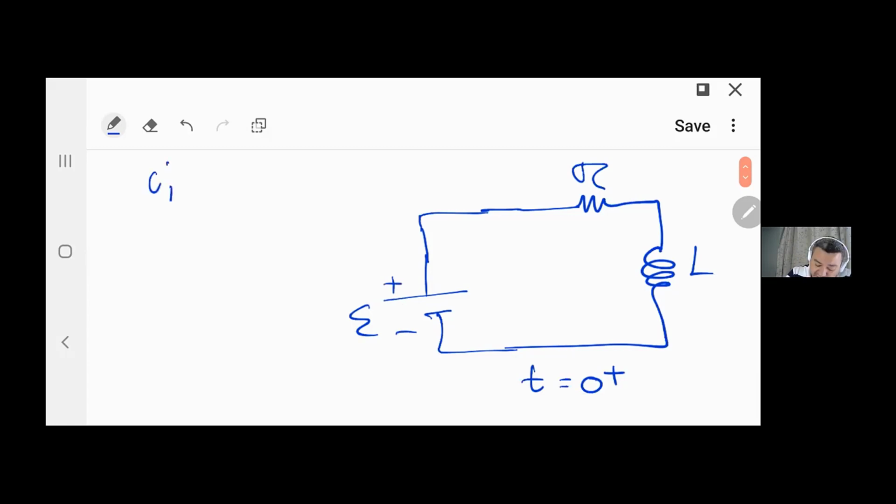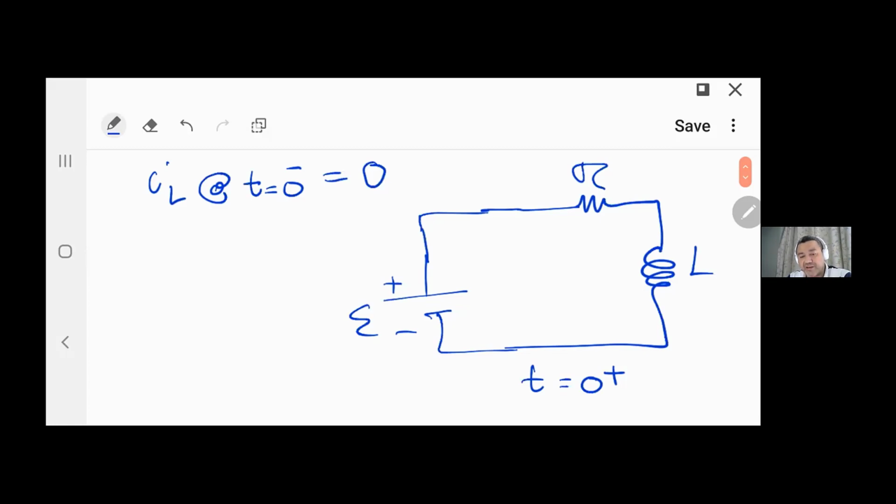The current in the inductor right at t equals 0 minus, which is before the switch was closed, was 0 because it was an open circuit. Now, remember what I said about the inductor?